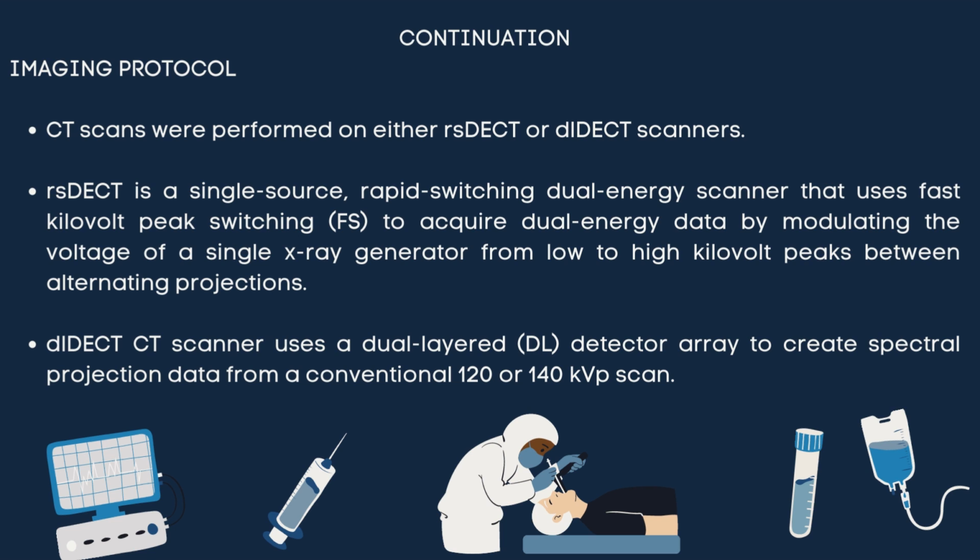DLDECT CT scanner uses a dual layered or DL detector array to create spectral projection data from a conventional 120 or 140 kVp scan.